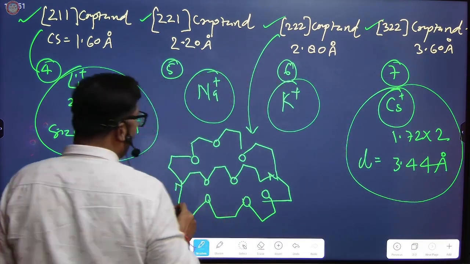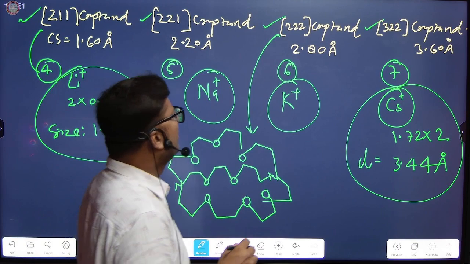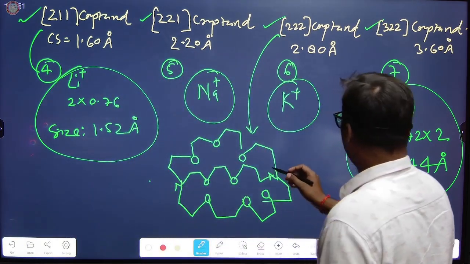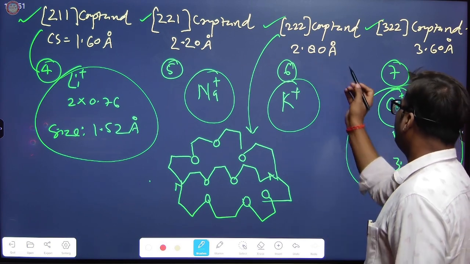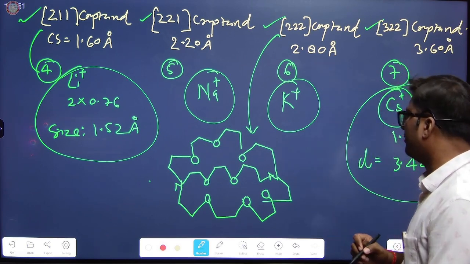So it can form a complex with potassium ion because its size is 2.80 angstrom, right?